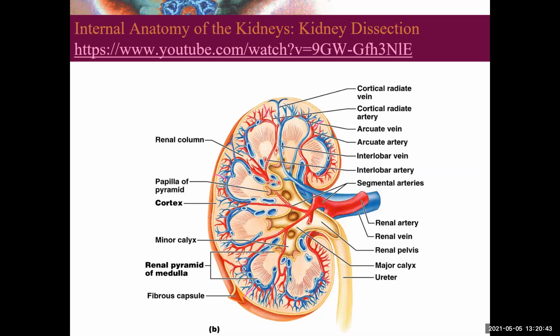So up to now, the important structures I have said: kidney has cortex and kidney has the medulla. Okay. So cortex is outside, medulla is inside. In the medulla, we talked about renal pyramid and the renal columns. The opening of the pyramid is papilla here.